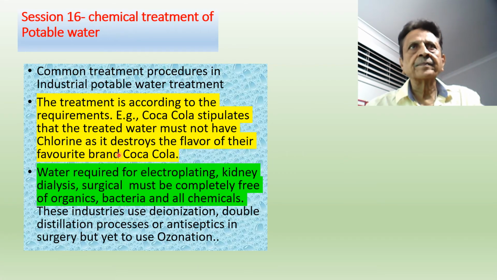In the summation, the common treatment procedures of industrial potable water treatment using chemicals are satisfactory for most purposes. However, if water is to be used for electroplating, kidney dialysis, medical and surgical applications, it must be completely free of organics, bacteria and all chemicals, and generally the normal treated water is unsuitable.